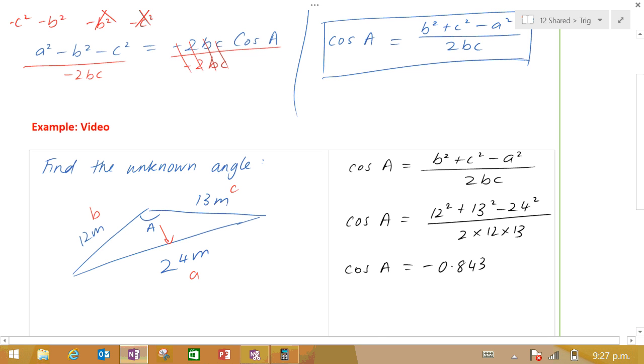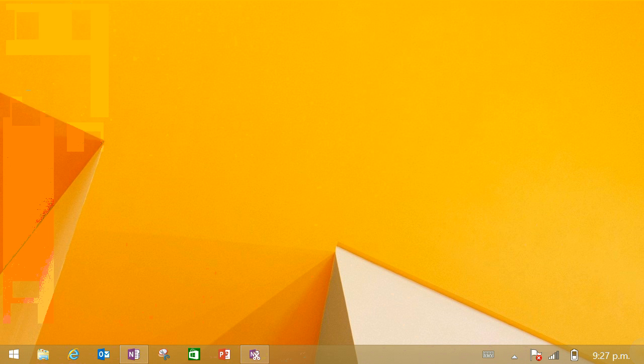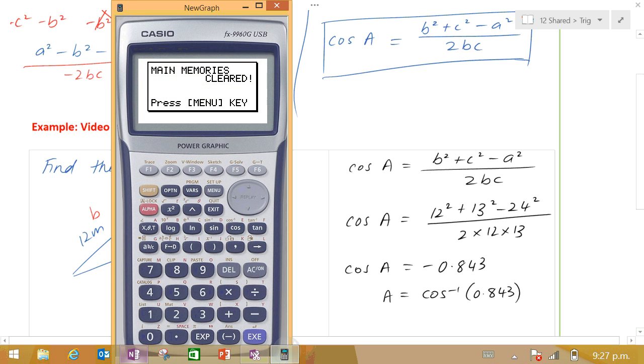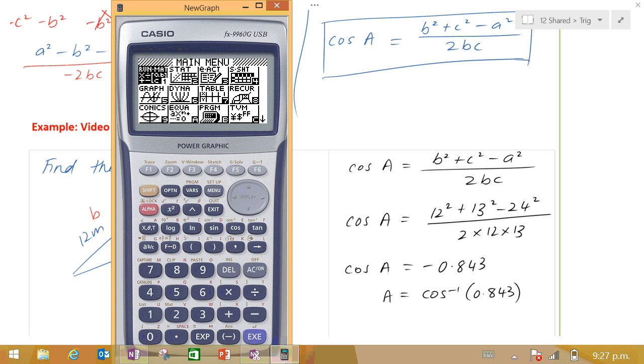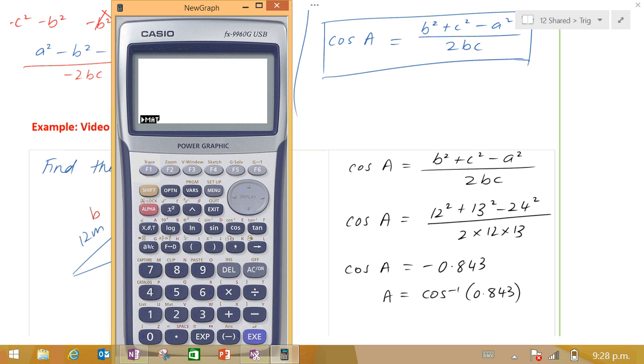Negative 0.843. So in order to find A, I'm going to have to take cos inverse of both sides. So I'm going to go A equals cos inverse of negative 0.843. I'll bring up our calculator. Okay, I'll have to make sure I'm back in degrees mode again. Put us back into degrees. There we go.